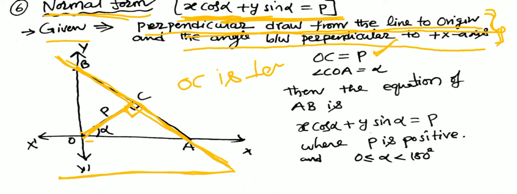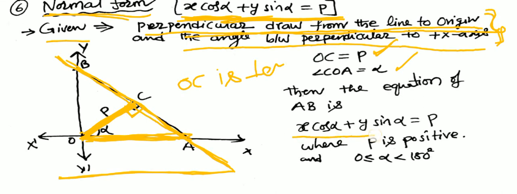And they will give one more thing, an angle. What angle? The angle between this perpendicular and the positive x-axis. So the angle between OC and OA, angle COA, they will give. I am taking that as alpha.